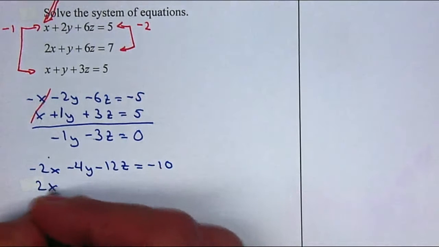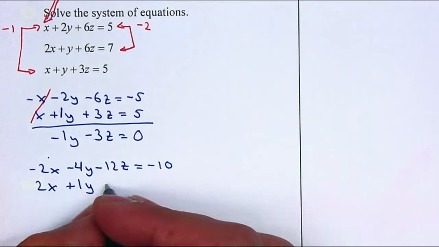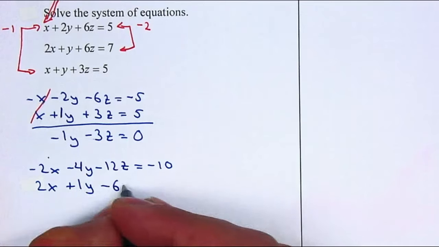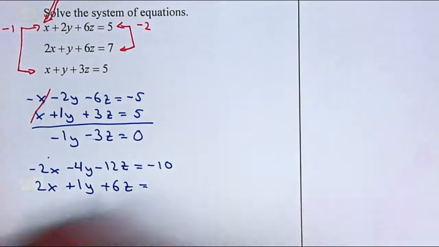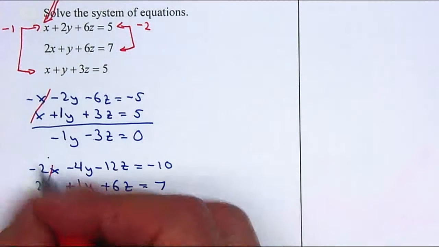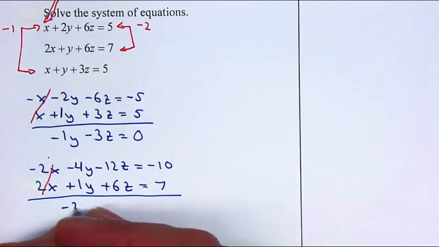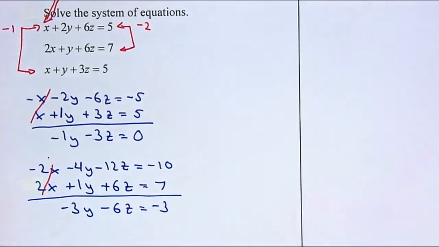The second equation remains the same, and I prefer if you guys place your 1 as a coefficient, just to make sure that you don't make any mistakes. And that's a positive. See, I was about to make a mistake here. That will cancel the x's. That gives me a -3y minus 6z is equal to -3.